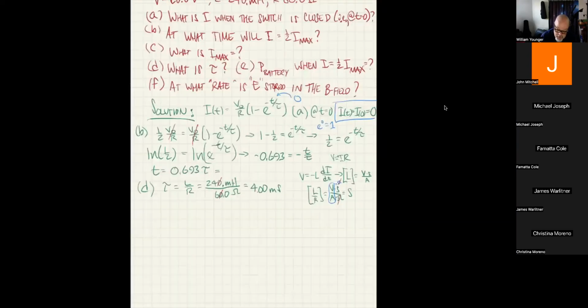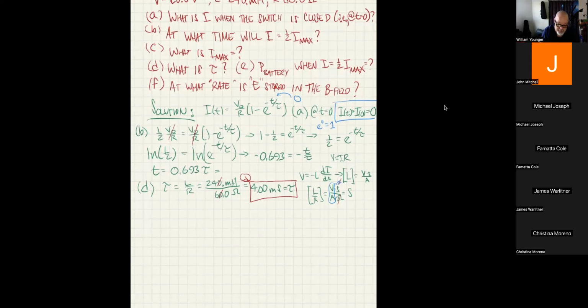And now we've got another answer. This one is equal to tau, and it's of course part D. So I'm going to circle that, and luckily a student caught me using the wrong label. Okay, so now I can multiply 0.693 times 4.